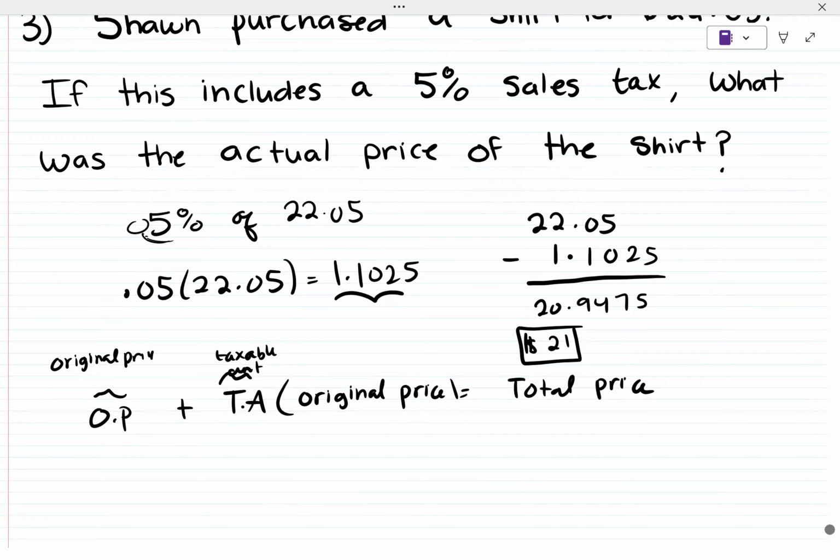Okay. So what is the original price? We don't know. We'll call it X. Plus the taxable amount, it's really 5%, times the original price, we don't know, we'll call it X. Equals your total price, and that was $22.05.